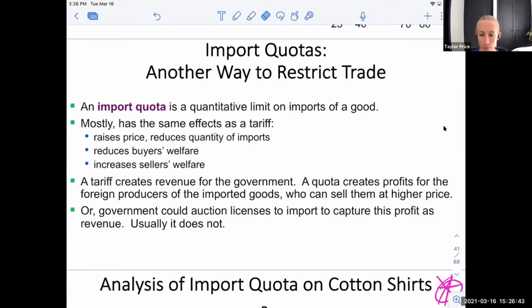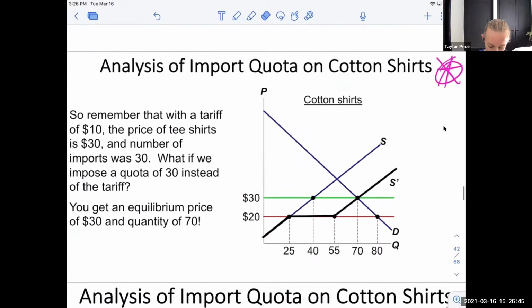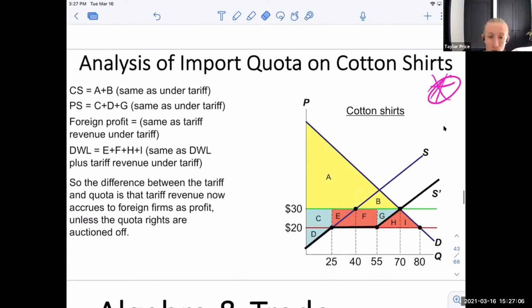So when we're looking at what a quota looks like, it looks different than a tariff, because remember, in this case, there is not a flat price. So because of that, the benefits look a little different.